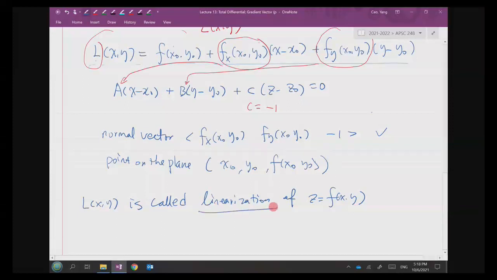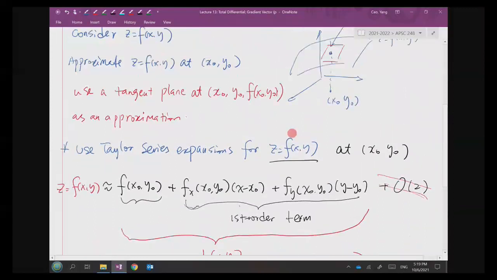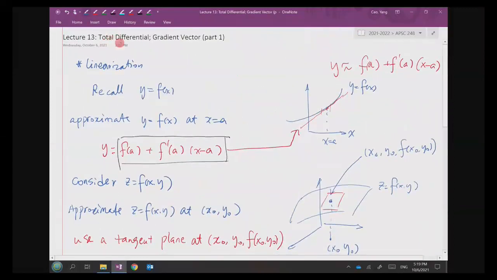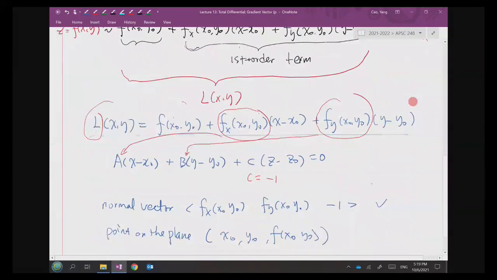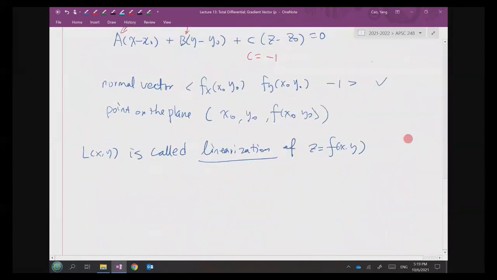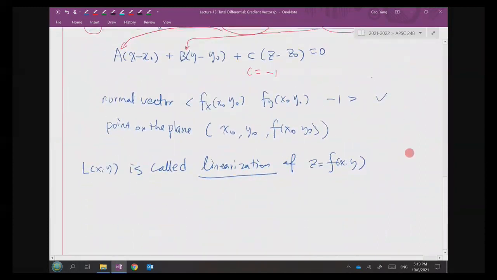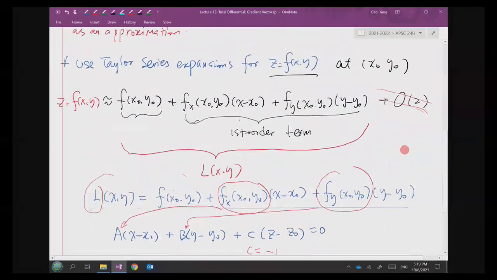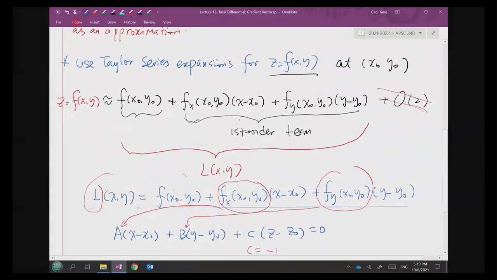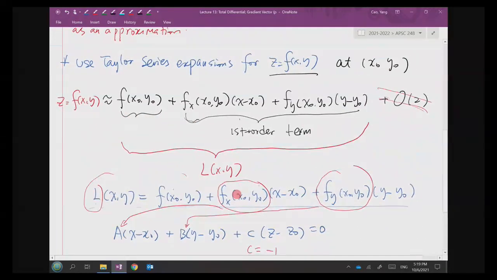But this doesn't cover our total differential concept yet. Our big title here is total differential. So let's look at what gives us the total differential concept. Let's go back to this equation, the result of this Taylor series expansion.